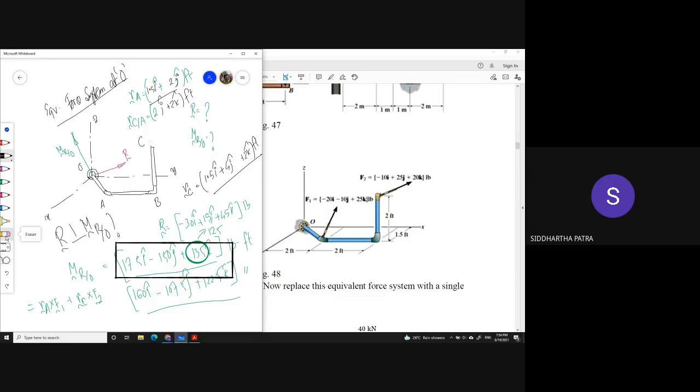Then we would continue with the next week's topic, equilibrium of rigid bodies, possibly starting with two-dimensional equilibrium problems on Monday, and continuing on Wednesday.